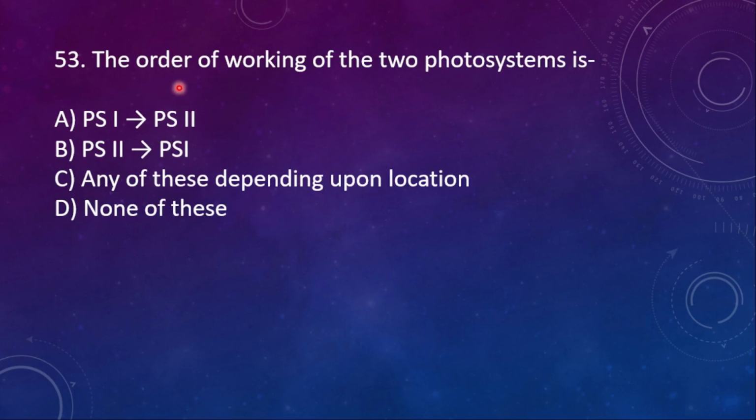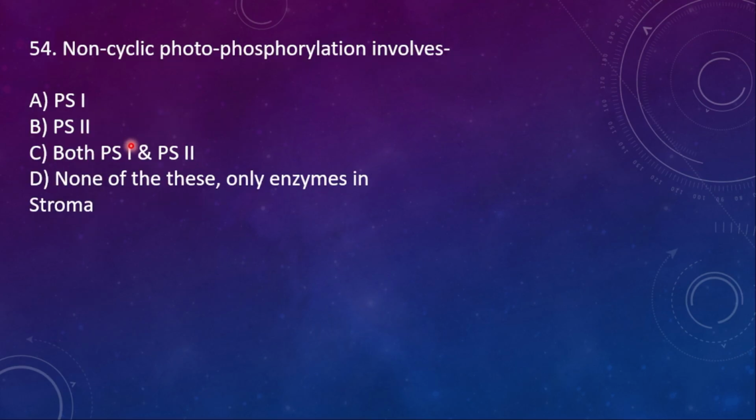53rd question. The order of working of the two photosystems is: option A, PS1 first then next PS2; option B, PS2 first then next PS1; C, any of this depending upon location; D, none of this. Here the right option is PS2 first then next PS1. 54.